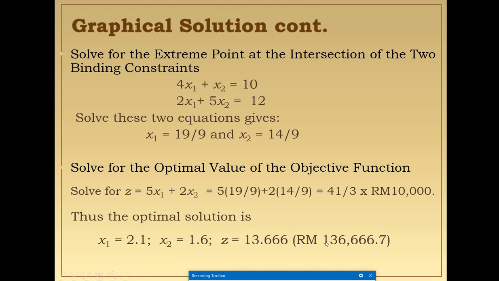And the cost is 136,666 ringgit and 70 sen. Itu cost dia. And you need to know this: 2.1 minutes equals 2 minutes and 6 seconds during the Tamarinda slot, and 1 minute and 36 seconds during the berita utama slot.